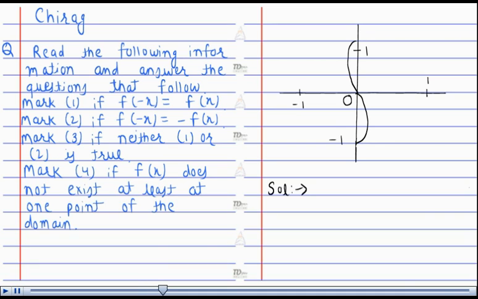A function is known as even function if the graph of that particular function is symmetrical around an axis, and a function is known as odd function if the graph of that particular function is symmetrical around opposite quadrants. For example, quadrant 1 and 3 or quadrant 2 and 4. If we see the graph of this question, then we find that the graph is symmetrical around opposite quadrant, quadrant 2 and 4.